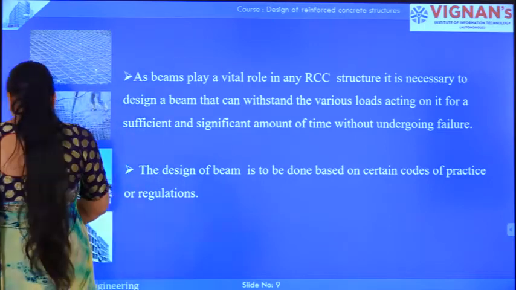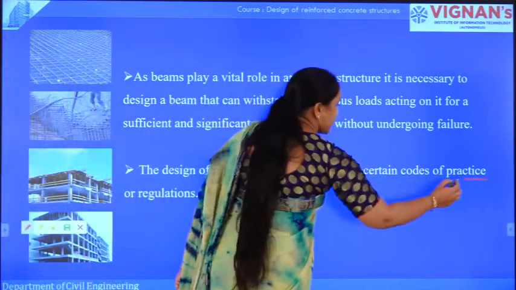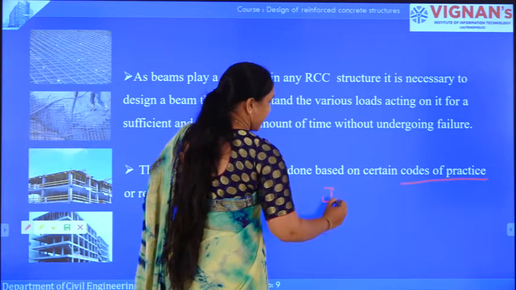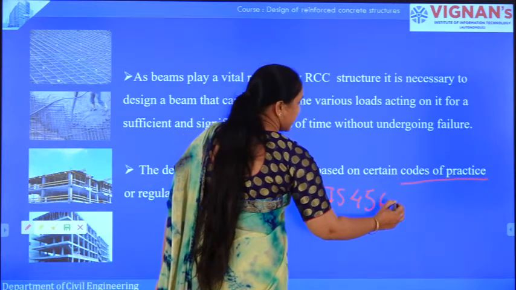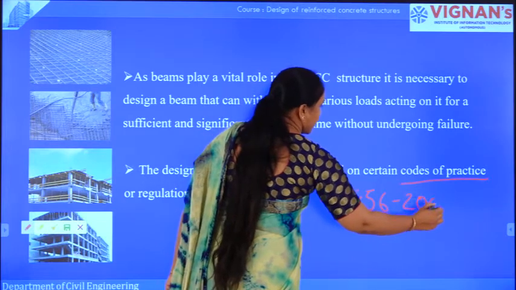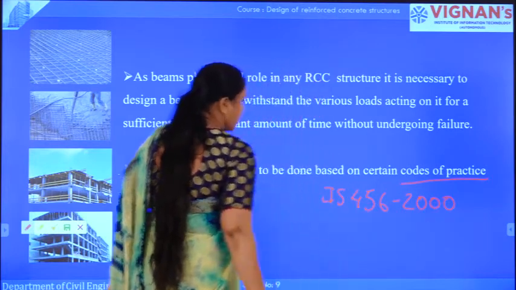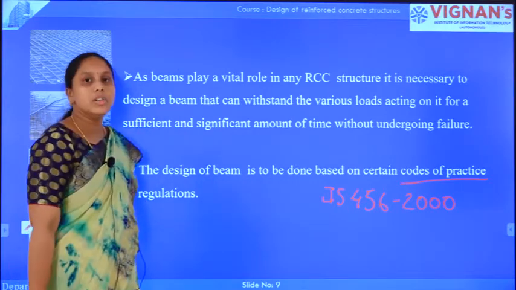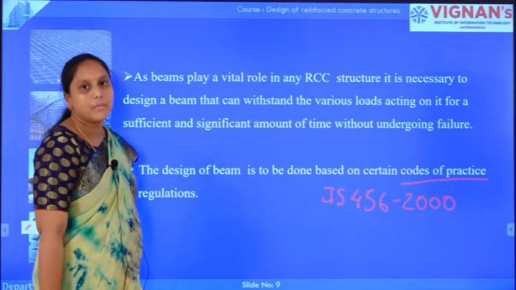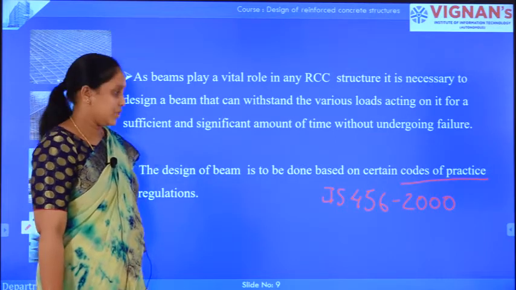So the code of practice we are going to use is IS 456-2000, and by using this code, we are going to design the beam in the further sessions.